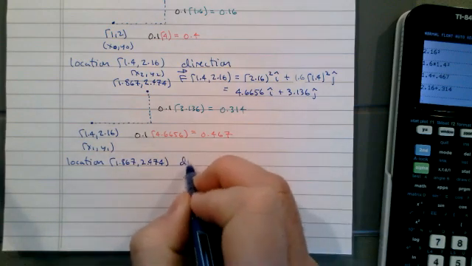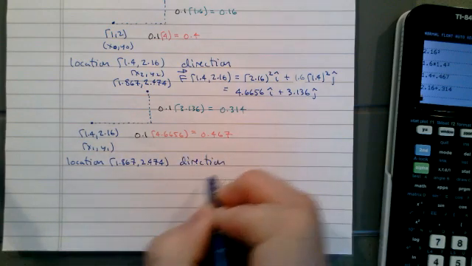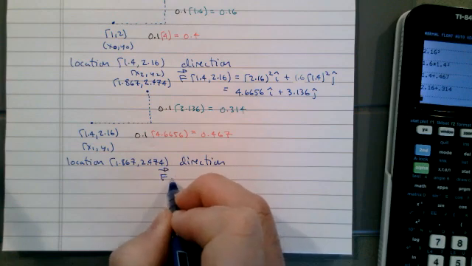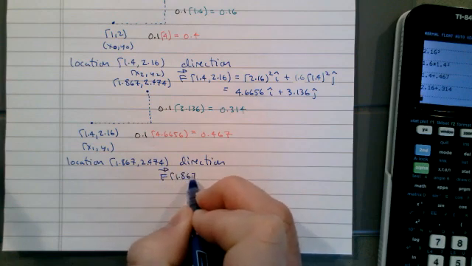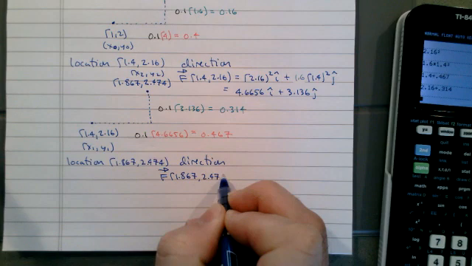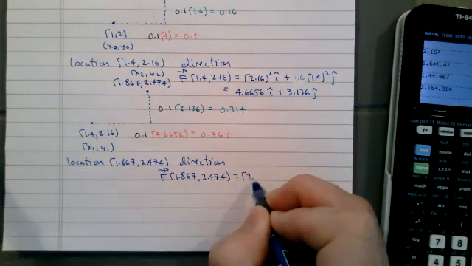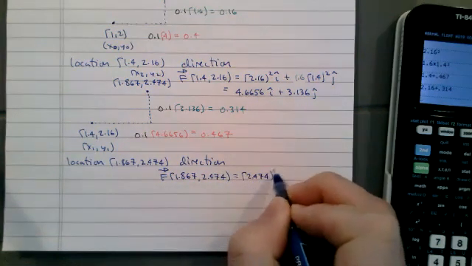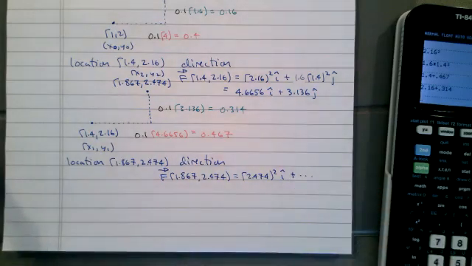And so our direction is just going to be the vector field evaluated at this point. And you can see where I'm going to bail on the problem.